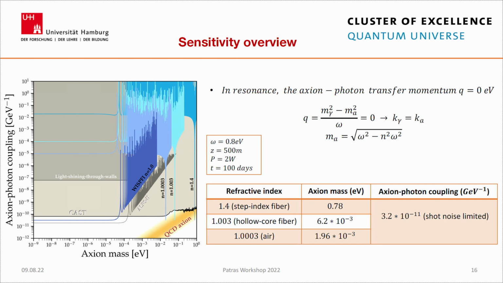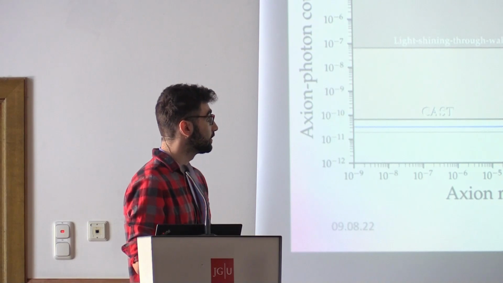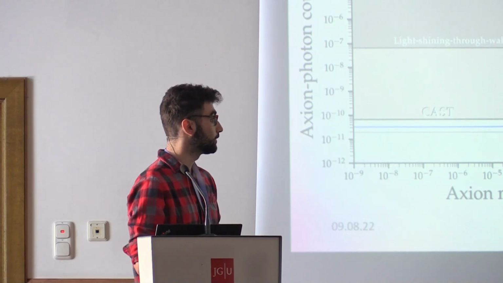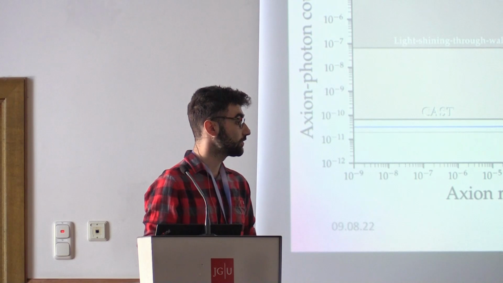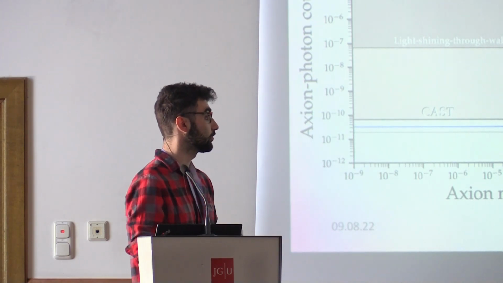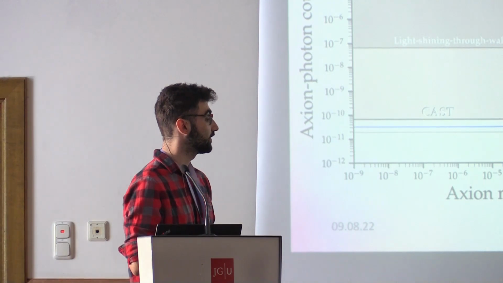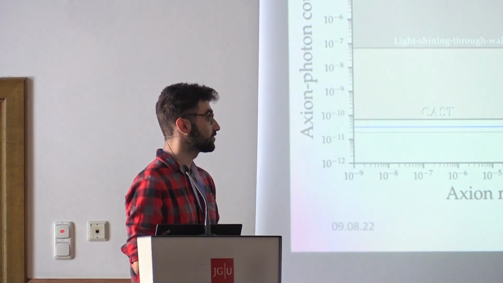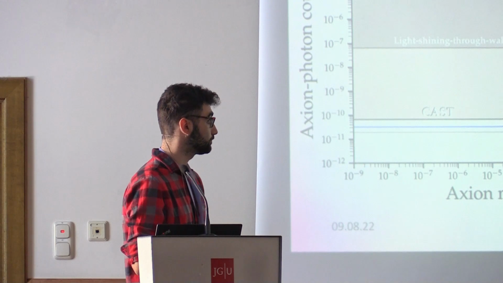In other words, the photon and axion momenta, or the mass, are equivalent. But then we can really go to smaller masses when using a hollow core fiber. For example, for a 1.003 refractive index, we are in the range of several milli-electron volts.